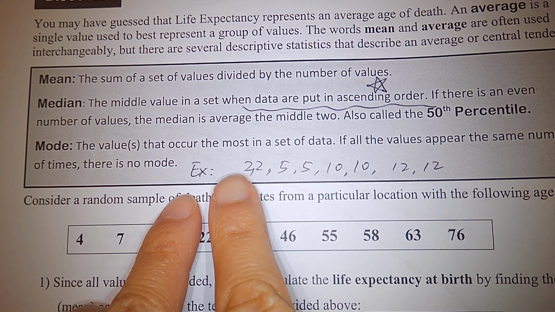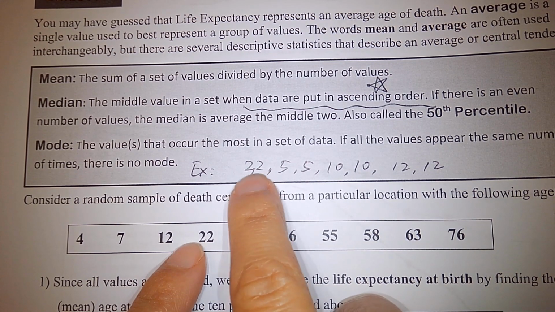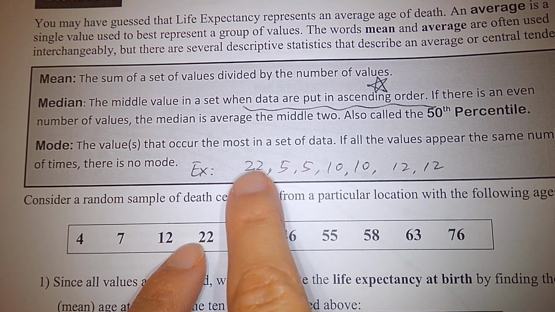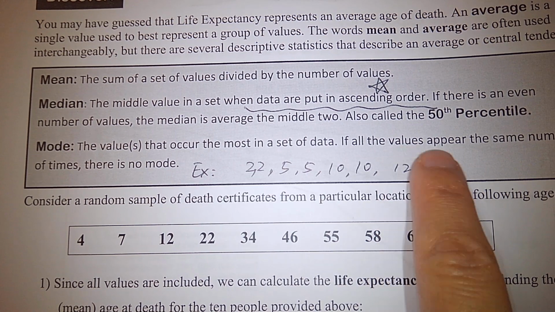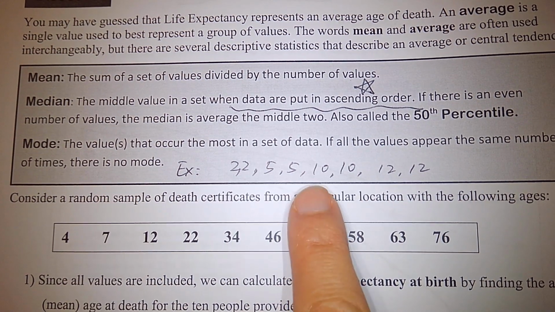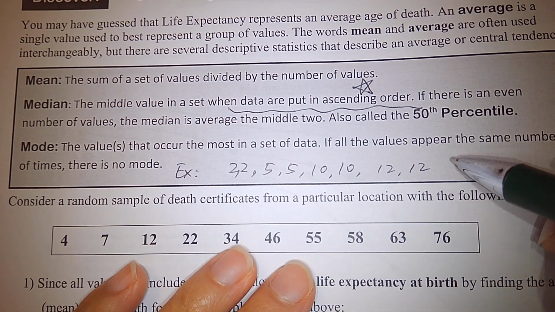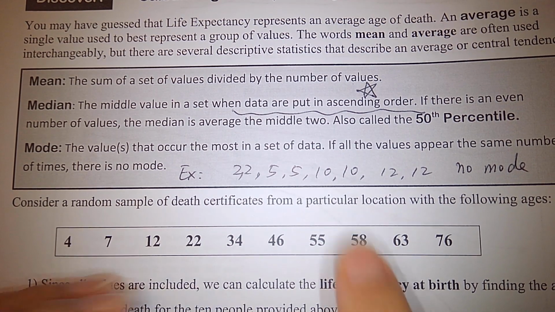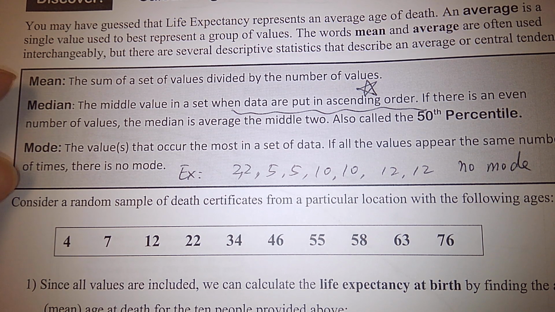My question is, what is the mode of this list? Every distinct data value shows exactly 2 times. They appear the same number of times. Do we say there's any mode from this list? We say no mode, because every value shows up equally often. There's no special data value, so no mode.